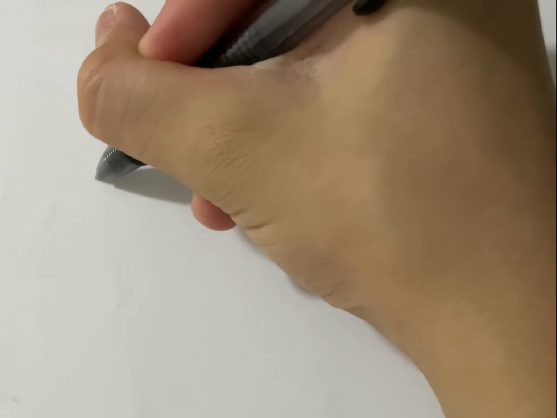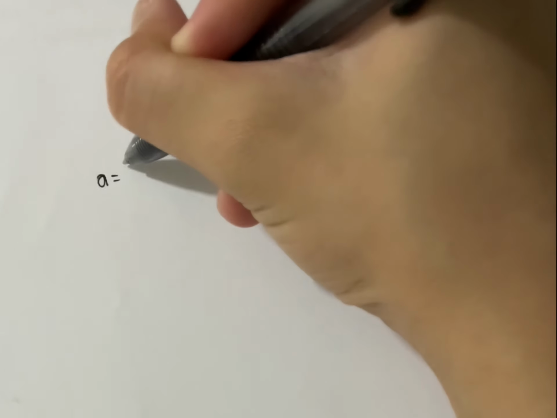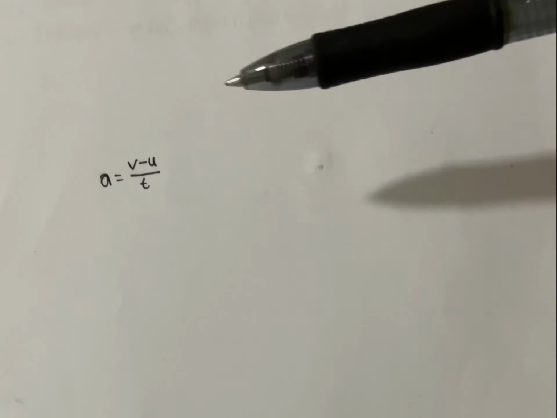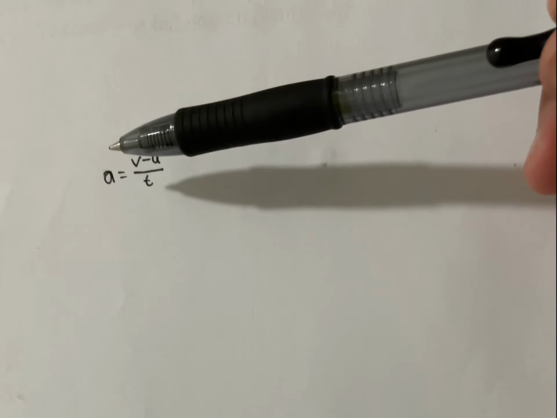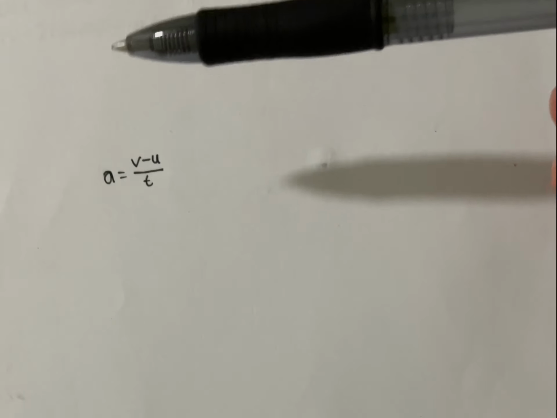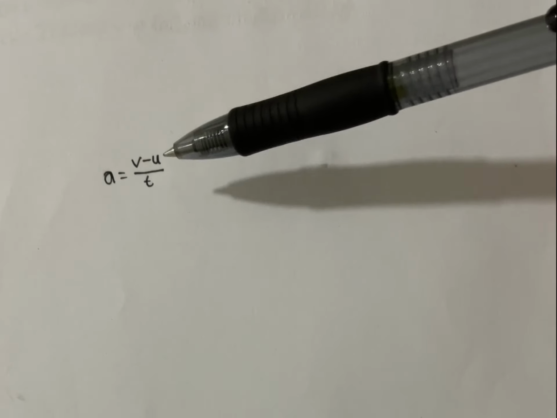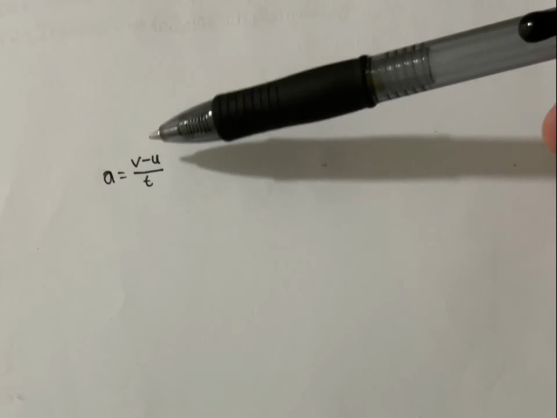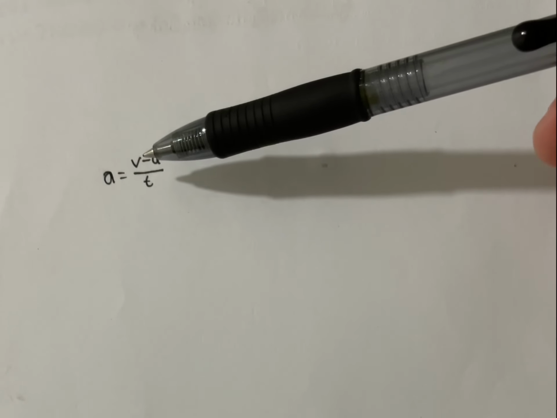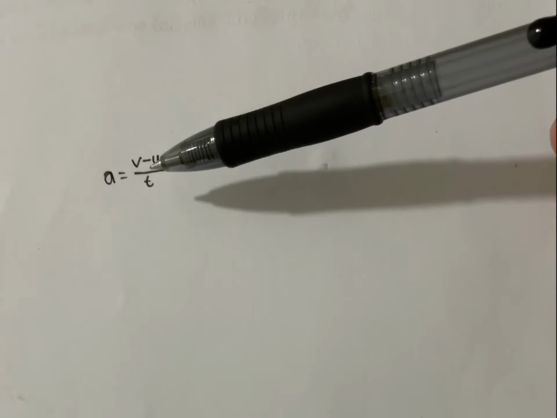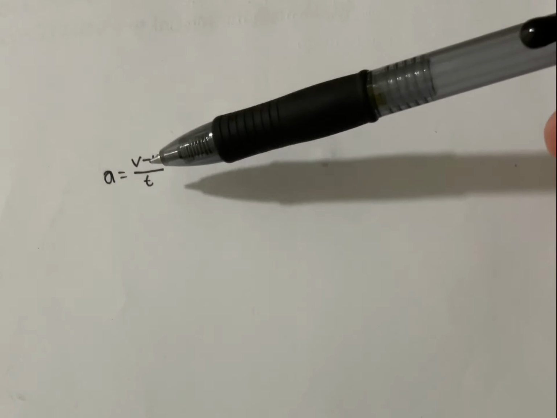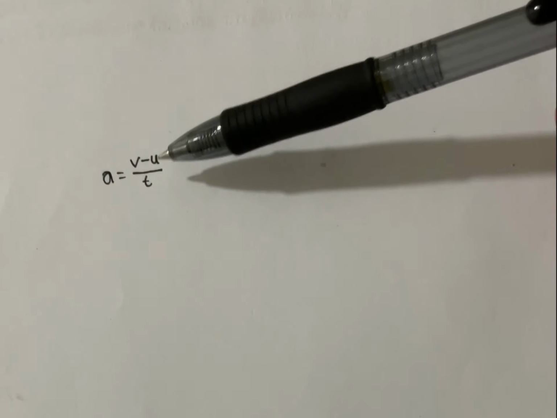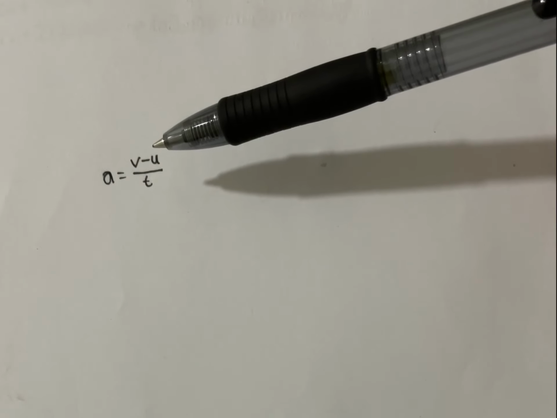It's this: A is equivalent to V minus U over T. So all this means is that your acceleration in meters per second squared, how much velocity you gain every second, is equivalent to your final velocity, the velocity you end up with, minus your initial velocity, over the time taken for you to reach that final velocity from that initial velocity, right?